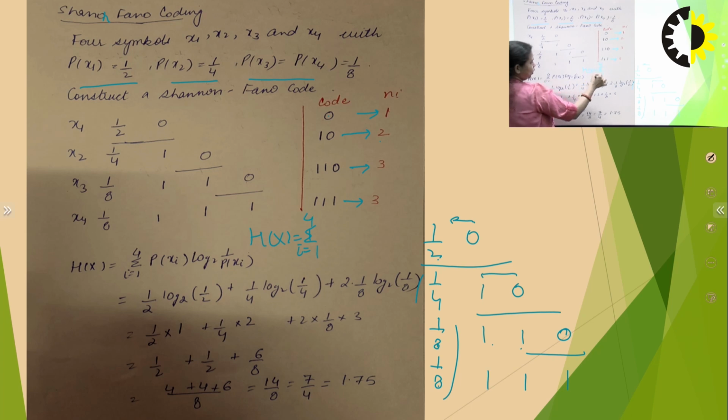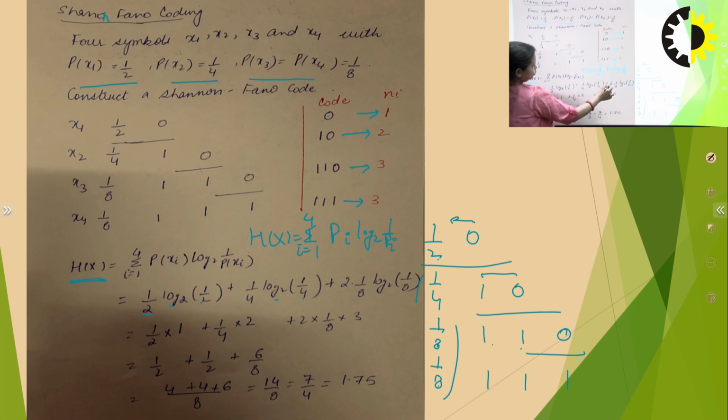So i equal to 1 to 4 of p_i log 2 (1 upon p_i), or you can write p(x_i). Right? So first of all, the probability is 1 by 2. So 1 by 2 log 2 (1 by 2). This entropy does not require the tree. It can be found using the probabilities only. So you put 1 by 2 log 2 (1 by 2) plus 1 by 4 log 2 (1 by 4) plus 2.